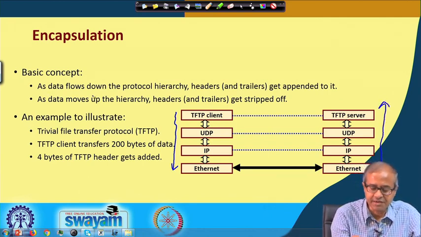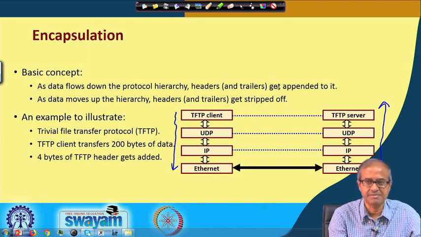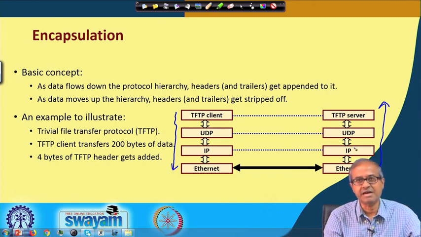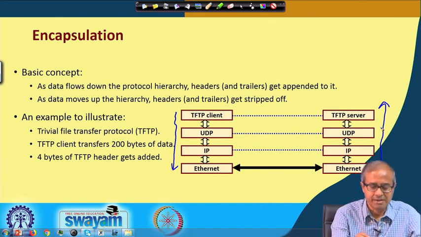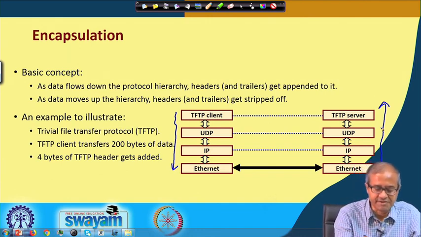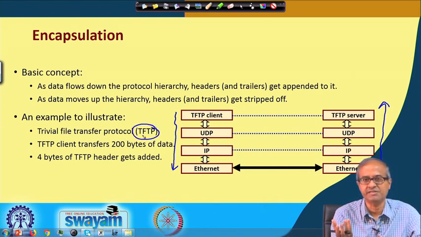As data flows down, some headers and sometimes some trailers are added to a packet, and on the other side, as the data moves up, these headers are progressively stripped out. Here I will take an example of a very simple application, TFTP. TFTP is a file transfer application, it stands for Trivial File Transfer Protocol.